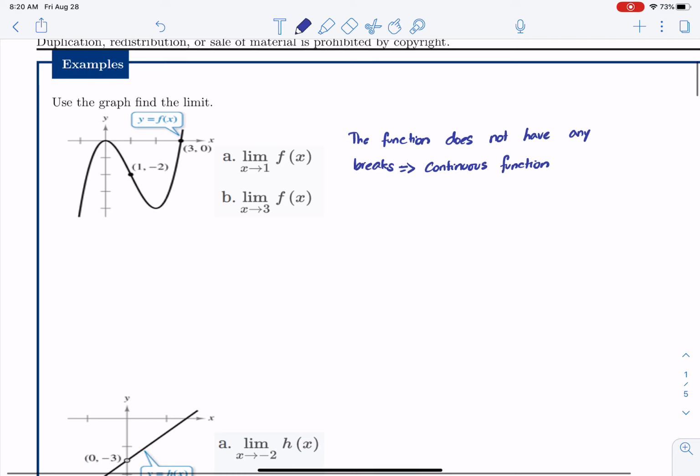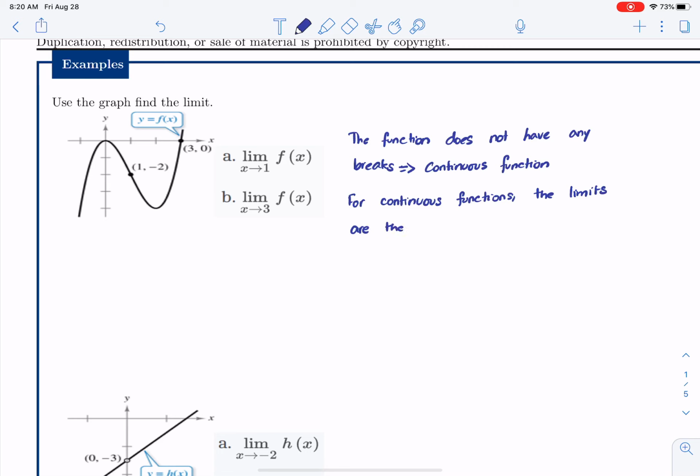And for continuous functions, the limits are the value of the function at any point.